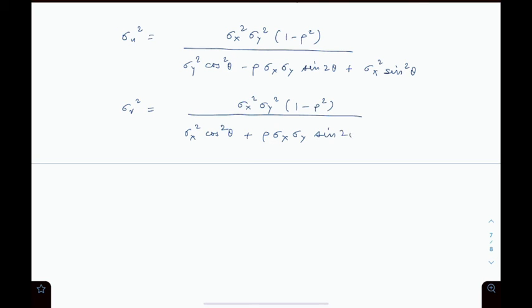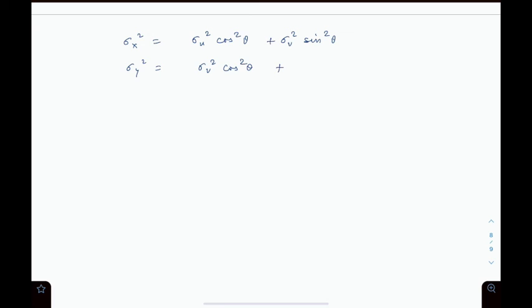So if we start from the uncorrelated, the diagonalized variables, a rotation by theta to the new variables would allow us to write sigma x square equals sigma u square cos square theta plus sigma v square sin square theta, sigma y square equals sigma v square cos square theta plus sigma u square sin square theta.